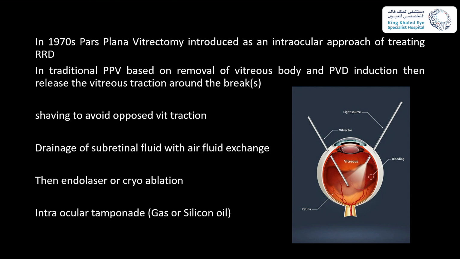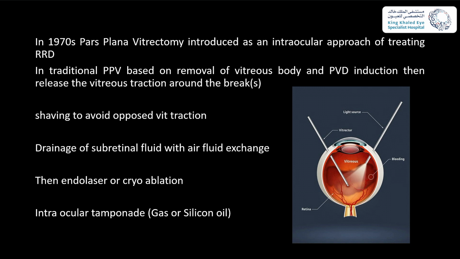Then we release the vitreoretinal traction with the cutter, shaving the peripheral vitreous to avoid opposing vitreous traction. And we actively drain the subretinal fluid, and we do air-fluid exchange. Then we create the adhesion by cryo or laser.